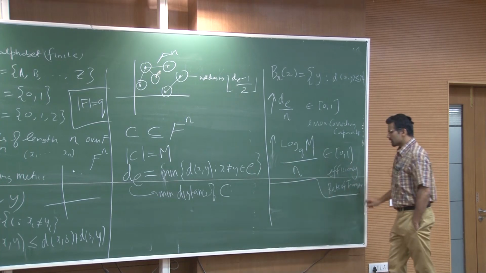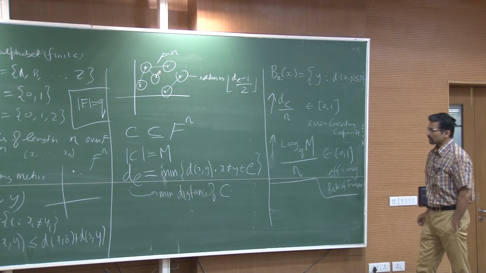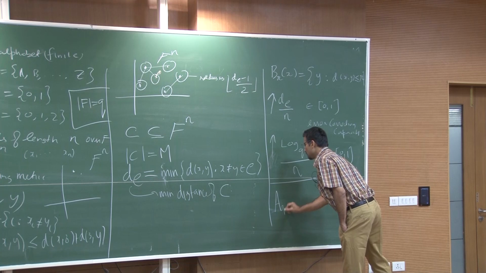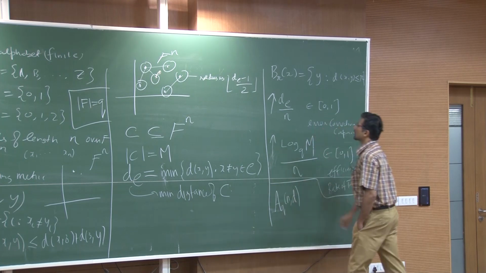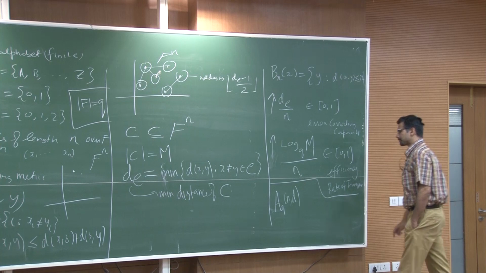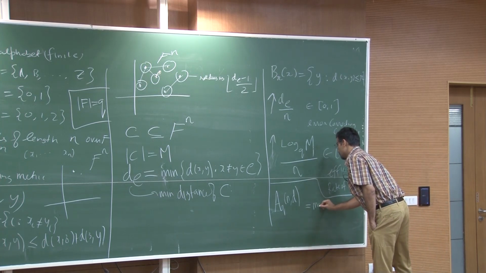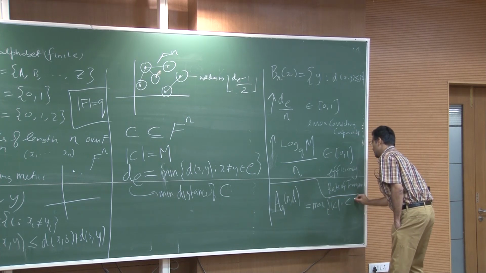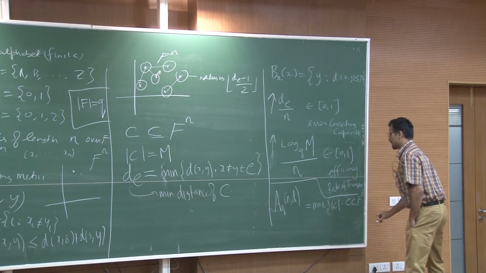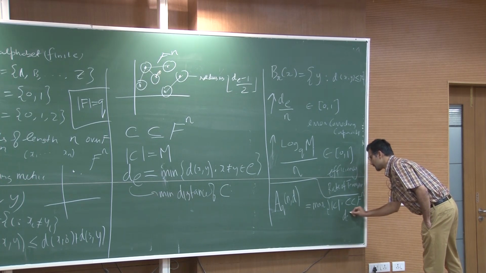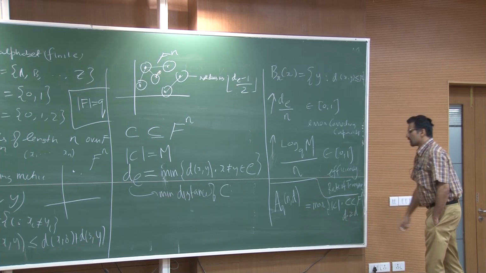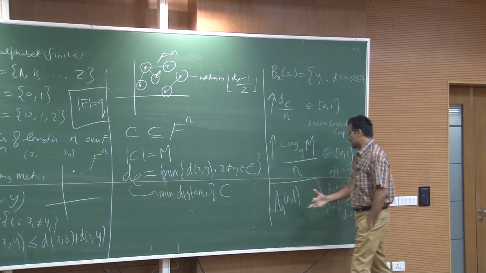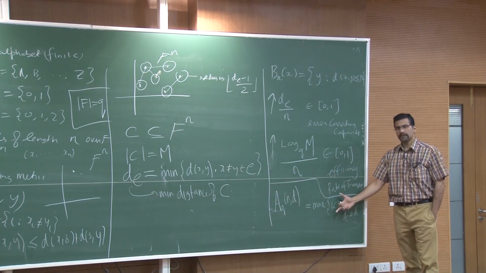So I will switch gears now, but let me just put down one definition here. A_q(n, d) is the max of |C| such that C is a subset of F_q to the n and d(C) is greater than or equal to d. So among all codes, all subsets of F_q to the n whose minimum distance is at least d, you want to maximize the size.